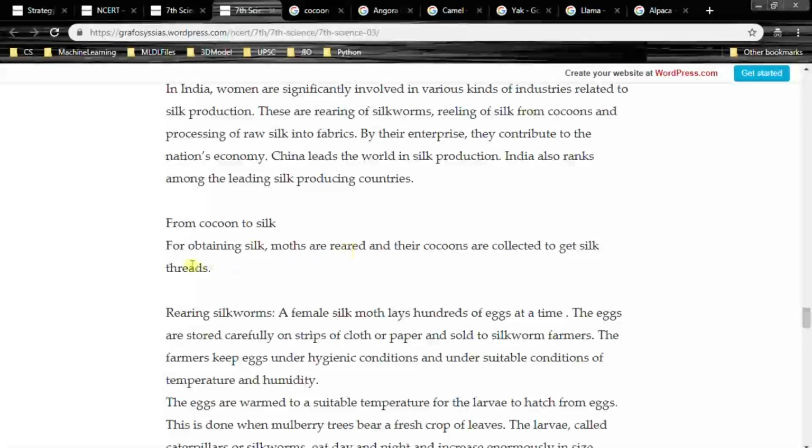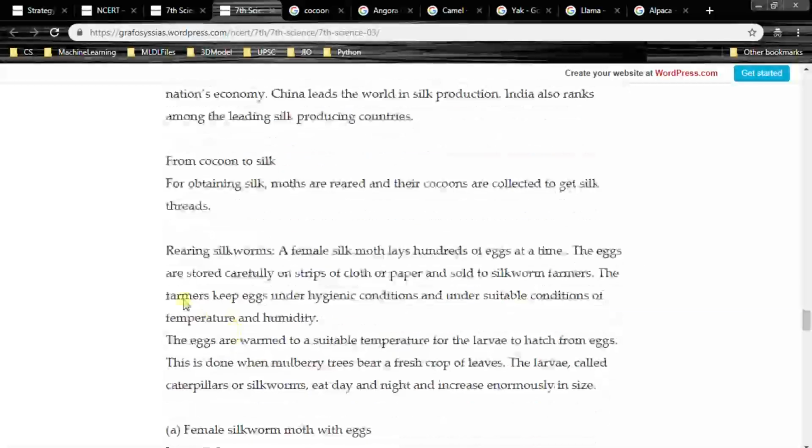From cocoon to silk. For obtaining silk, moths are reared and their cocoons are collected to get silk threads. So cocoons are collected to get silk threads, right? Rearing silkworms. A female silk moth lays hundreds of eggs at a time.